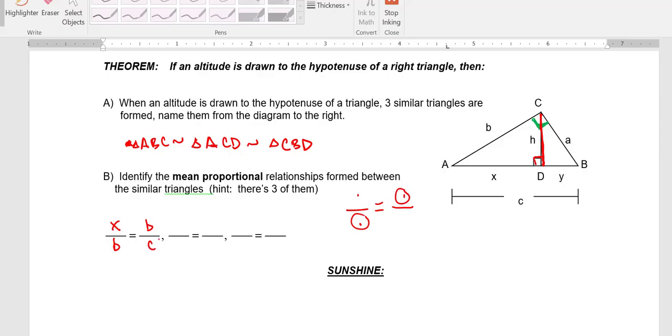Again, I'm looking at little letter b, and it's going to be opposite of big angle B. Little letter c is opposite of big angle C, and little letter a is opposite of big angle A, like that. So that's where all the small letters are coming from.